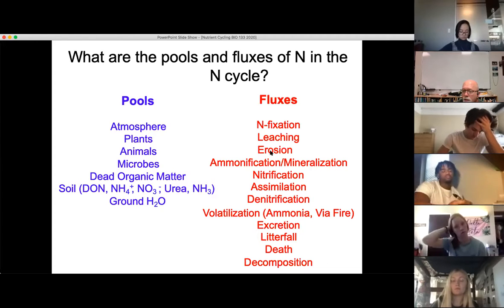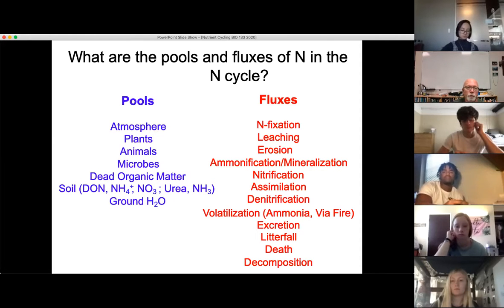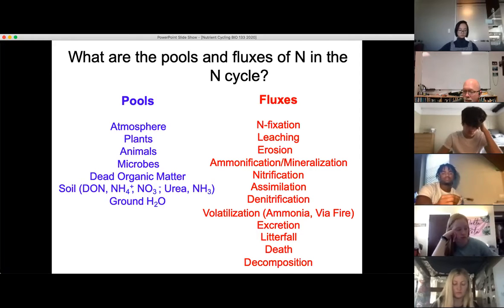And then we have all of these fluxes. A good thing for you to do would be to go through this list and identify which of these fluxes actually involves a transformation and which are just the movement of nitrogen in one form from one part of the ecosystem to another. So in some cases, these fluxes, like nitrogen fixation, involve a transformation of nitrogen, but in other cases, things like excretion don't really involve the change in form of nitrogen, nor does death for that matter.